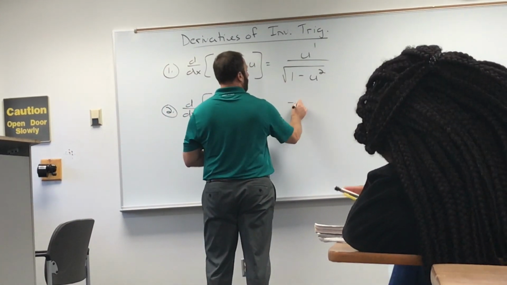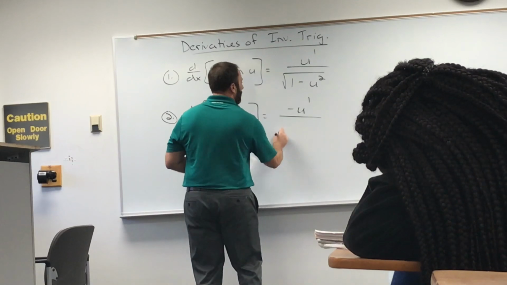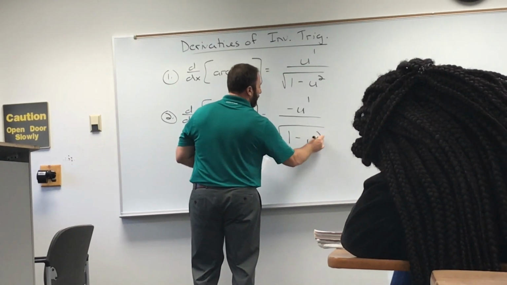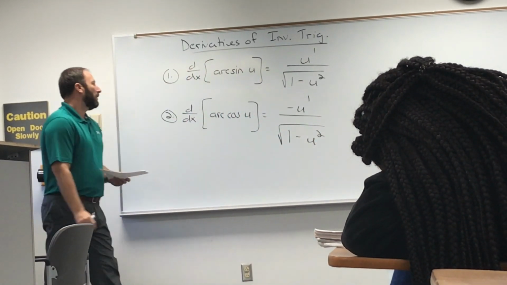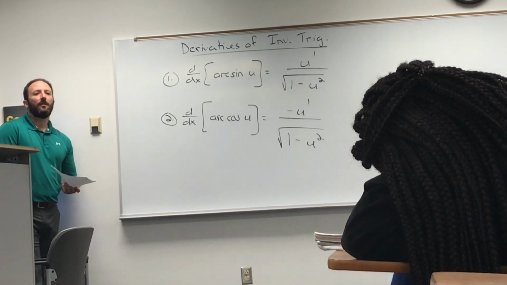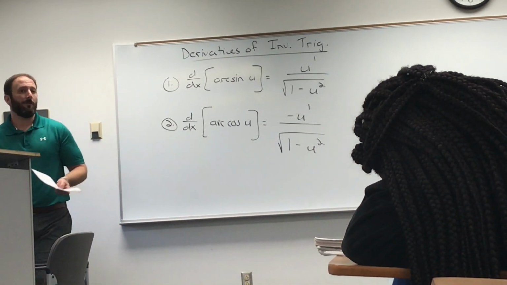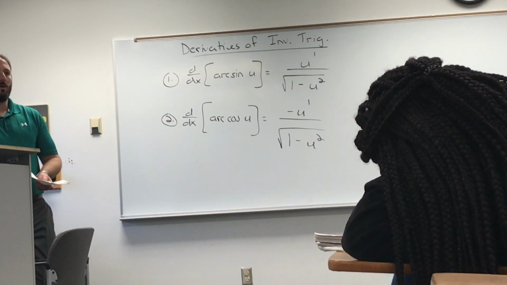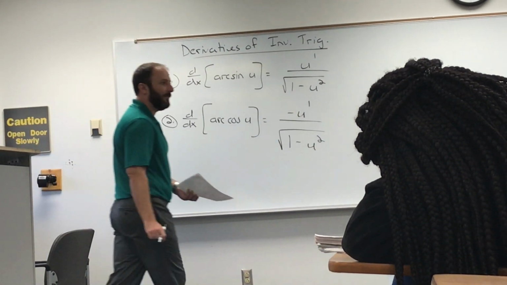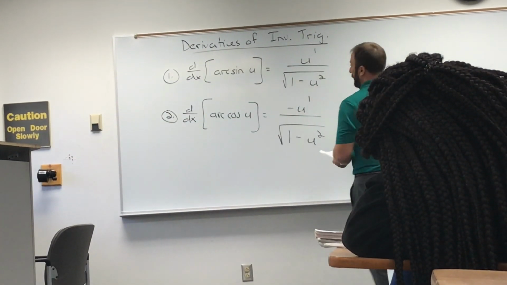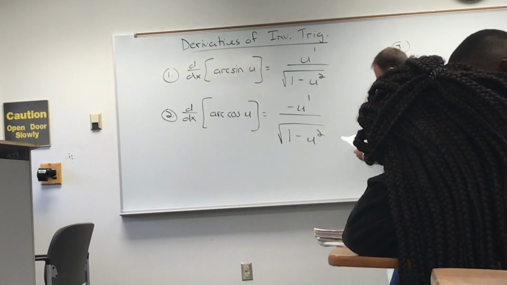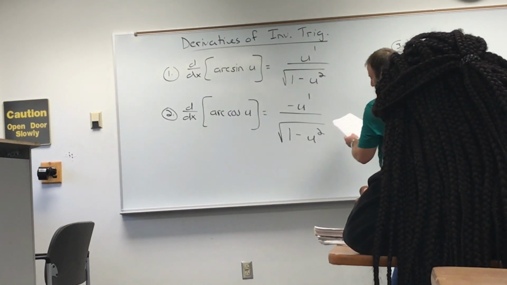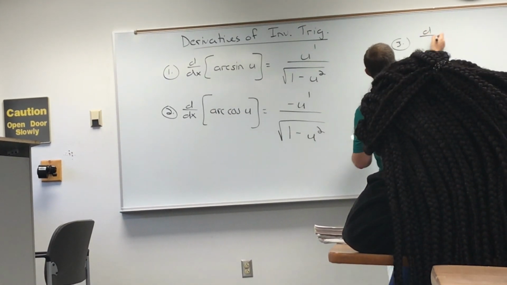So we've got negative u prime over the square root of 1 minus u squared. Like sine and cosine are cofunctions, secant and cosecant are cofunctions, tangent and cotangent are cofunctions. So they differ just by the co.